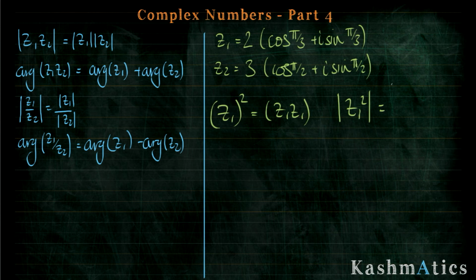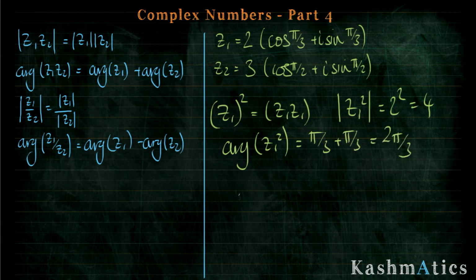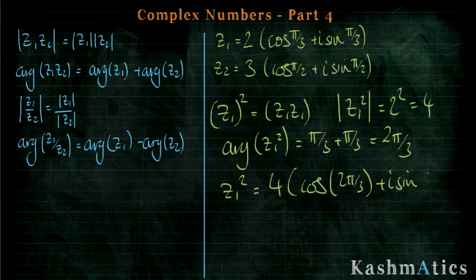So it'd just be 2 squared, which is 4, and the argument of z1 squared would equal pi over 3 plus pi over 3, which is 2 pi over 3. Okay, so that means z1 squared would be 4 cos 2 pi over 3 plus i sine 2 pi over 3.